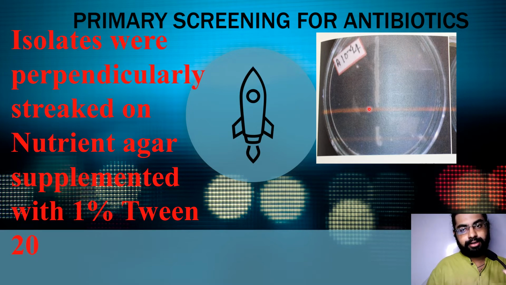If we find a zone of hydrolysis around this isolate, then we can confirm that this isolate is able to produce antibiotics, and that is how we do primary screening for antibiotics.